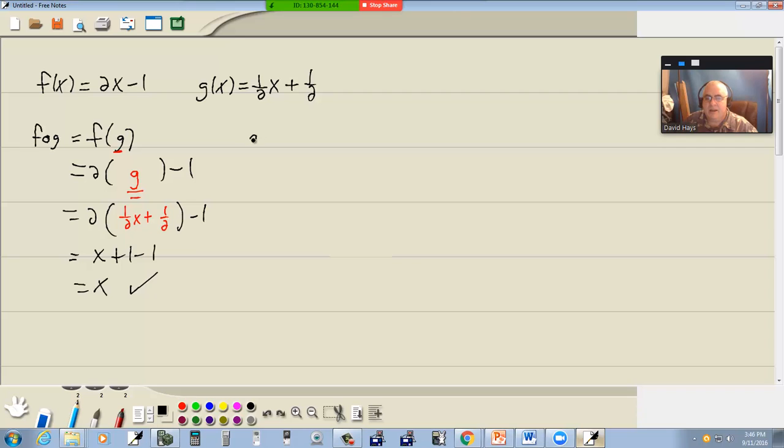But we also have to find the composition going the other way. Composition of g and f, which is g of f. So I'm going to take my g of x, which is 1/2 x plus 1/2, and where my x was, I'll put in parentheses. Whatever's inside the parentheses will automatically go in here, so I'll put f in there.